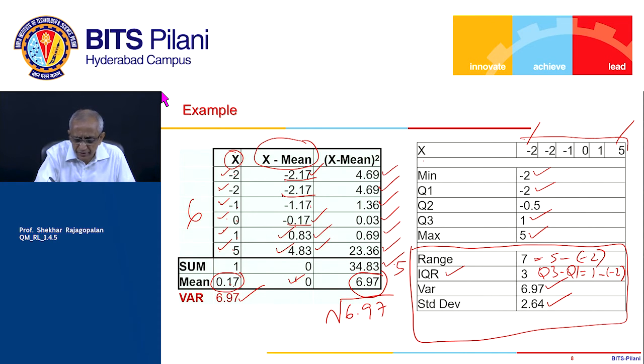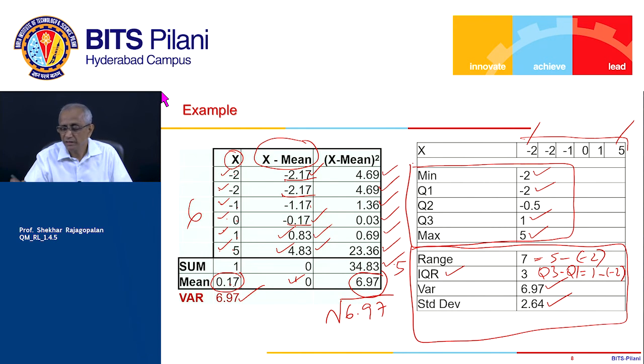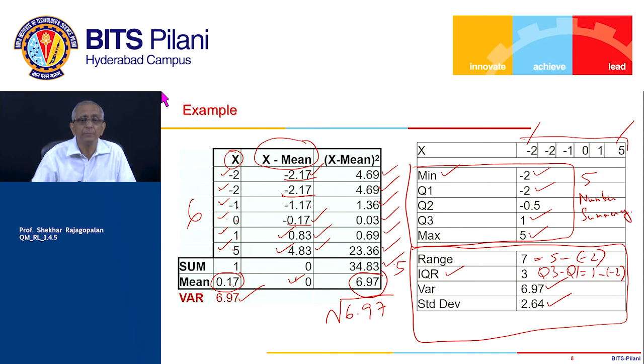The top thing which I have here also has a label to it, and that is called the 5-number summary. The 5-number summary has 5 numbers. The first one is the minimum, the least number in the data set.